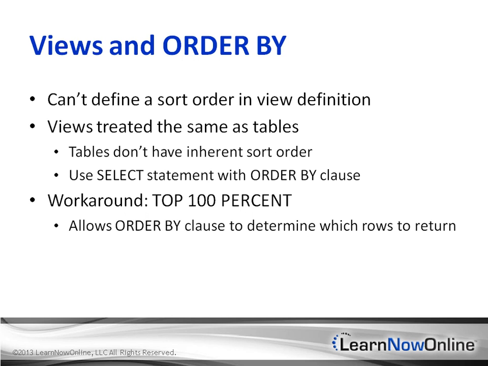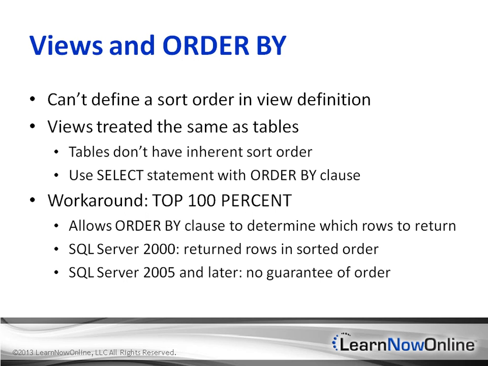Now, in a regular query that uses top with an order by clause, the results of the query are returned in the same sorted order that's used to calculate which rows meet that top requirement. So in SQL Server 2000, quite an old version of SQL Server, this was true for views as well. But in SQL Server 2005 and later, up through SQL Server 2012, the order by clause in a view is only used with top to calculate which rows to return.